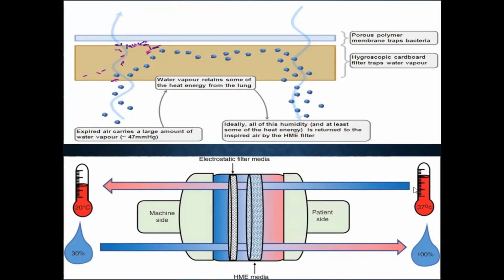So the patient does not lose heat. In terms of humidification, the gas that comes from the machine is very dry, but once it passes through the HME, it moisturizes the gas. So the patient does not inhale very dry air. The air the patient gets is humidified and has some heat. So the patient does not go hypothermic.